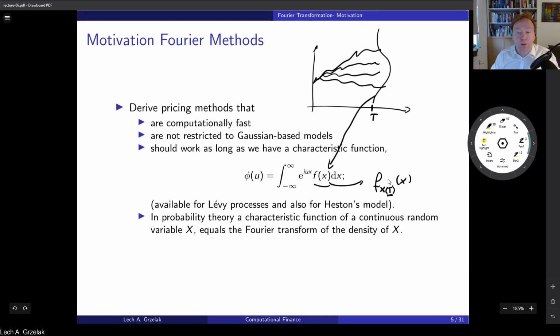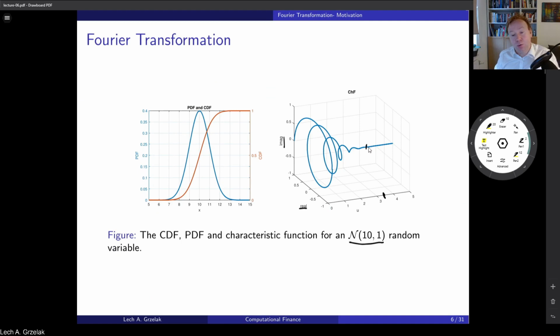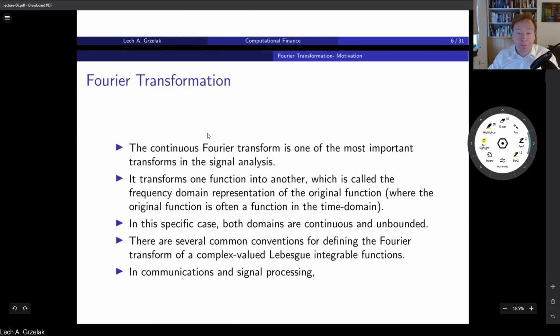Since the density is essentially an inverse of this, this tells us how to choose the domain for u, how to integrate, because we know that after u reaches 3.5, the value essentially is 0. So the useful part of this figure is showing you the limit where you should integrate in order to recover your density.